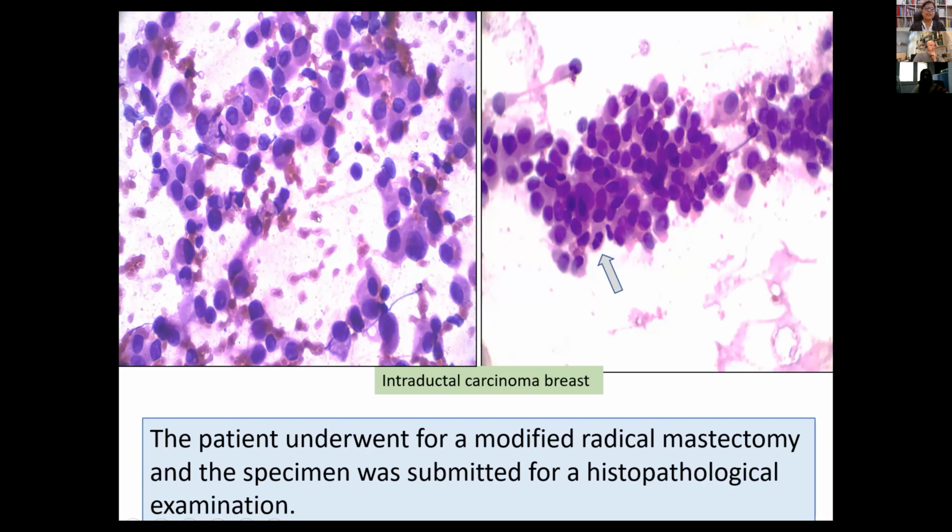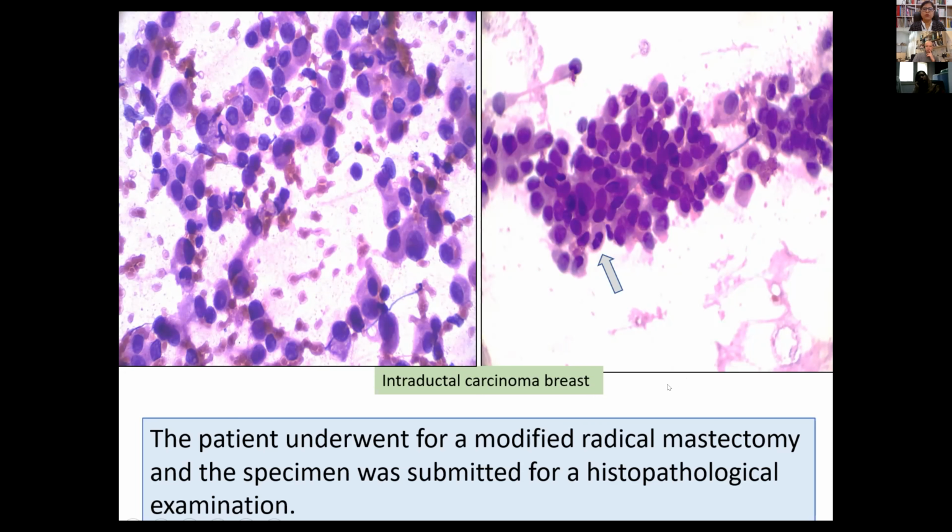You can see the tumor cells are mildly pleomorphic, round to oval polygonal cells with inconspicuous to prominent nucleoli with a mild to moderate amount of cytoplasm. And in this picture, you can see mitotic figures are also seen, and at this place you can see necrosis also noted in this smear.